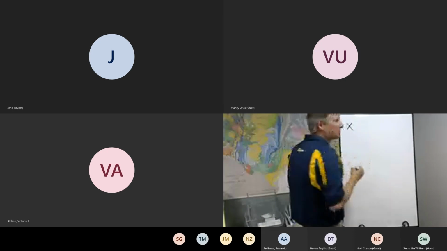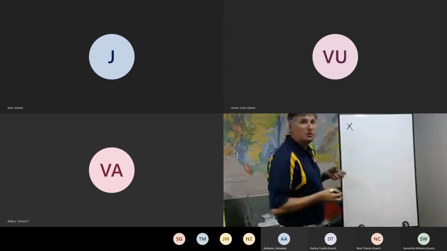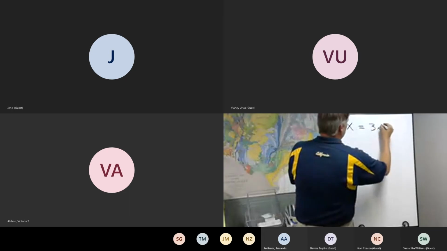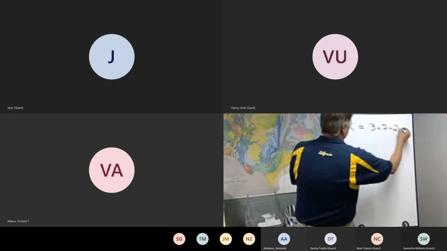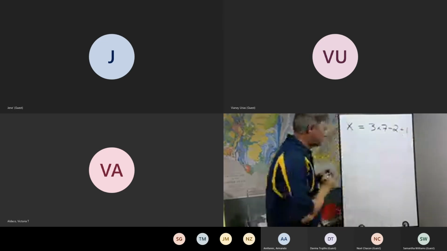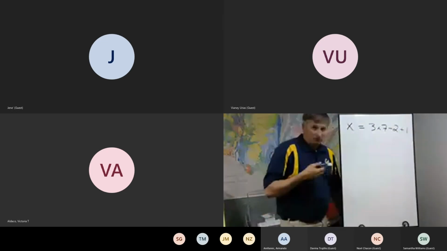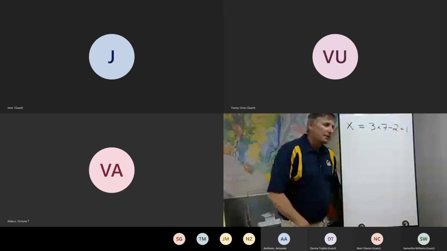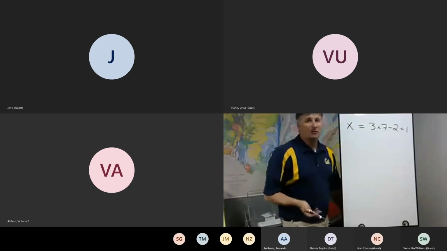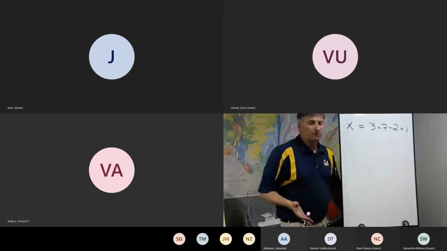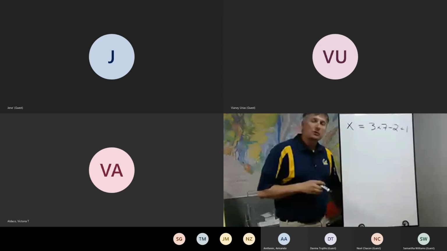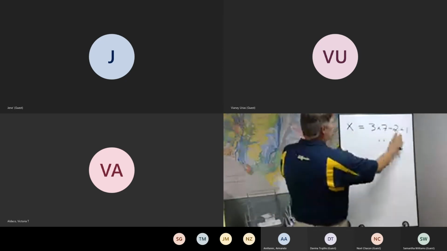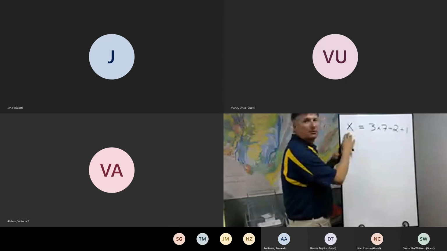X is our most popular symbol for an unknown number for various reasons. But it's a number for sure. We just don't know which one. Now, believe it or not, you've been solving for X your entire career. The difference is where X was showing up. So in this equation, we don't know what X is.